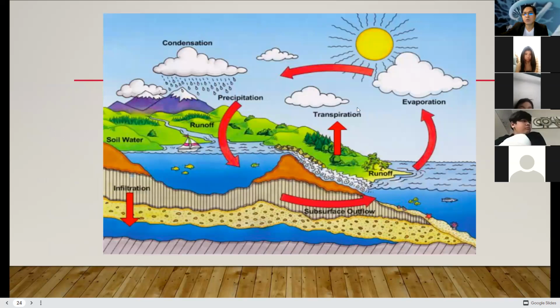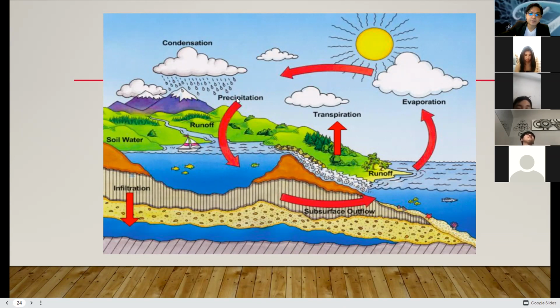This is the water cycle. As you can see, it started with the evaporation process. Evaporation, condensation, precipitation. Plants do transpiration. They release water vapor from their leaves in the process of transpiration to return the water to the atmosphere.